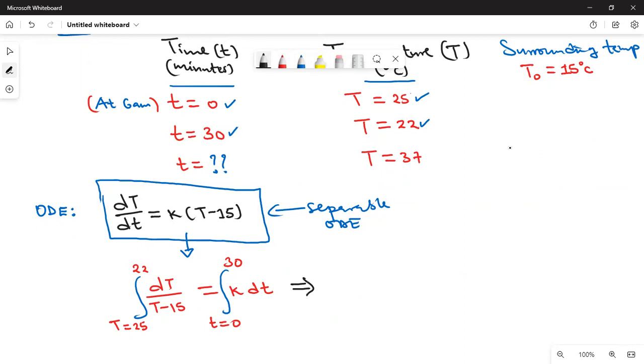So when you integrate this, you get the natural log of T minus 15, and the limits here are from 25 to 22, is equal to, when you integrate the right-hand side, you get k times t. The limits are from 0 to 30.